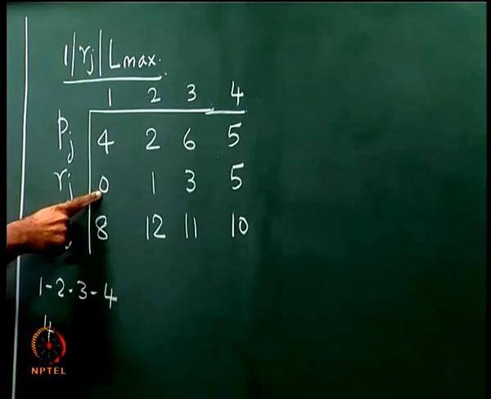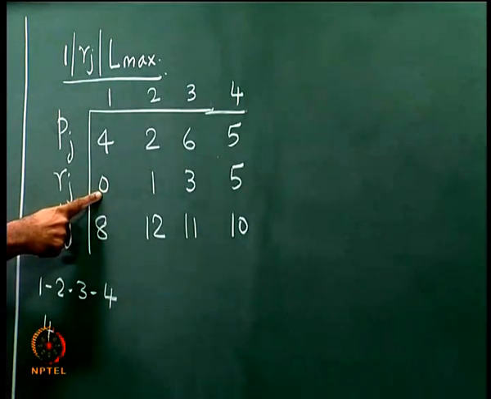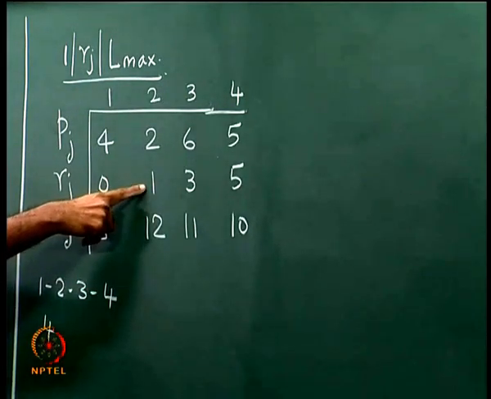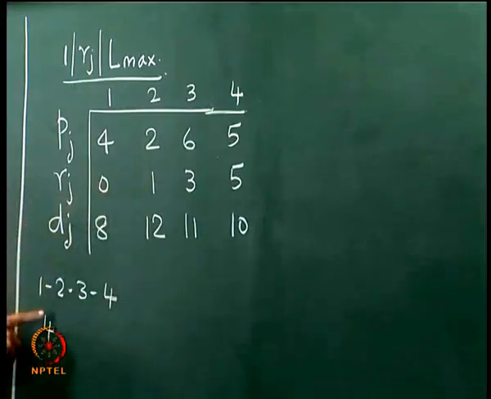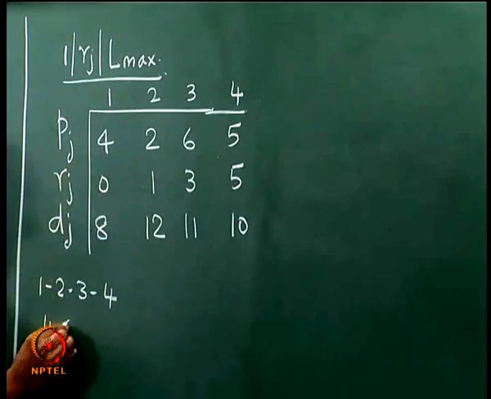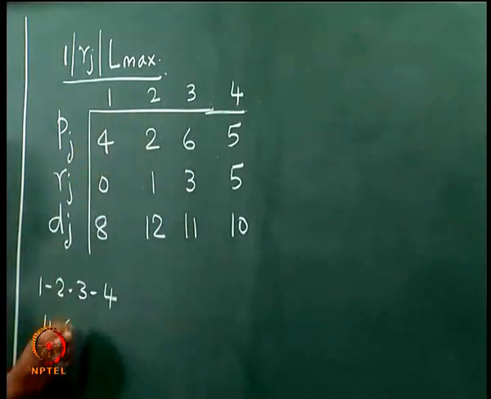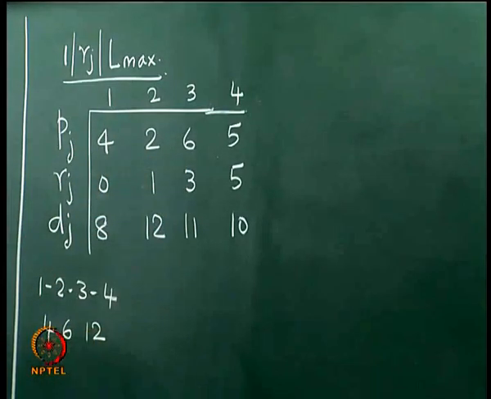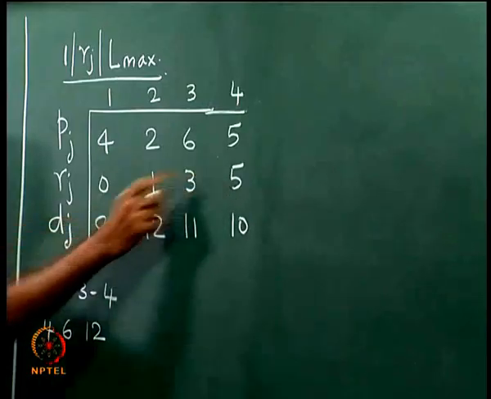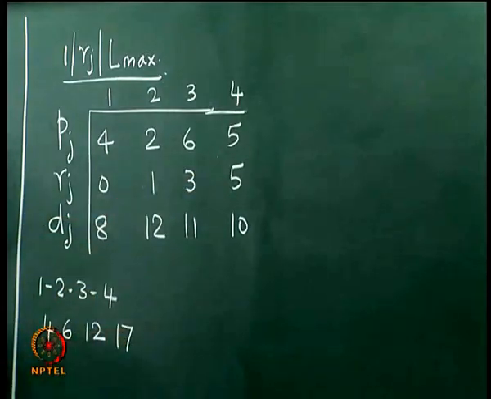The job can enter at time 0, so it can come out at 4, by which time job 2 is available. So, 4 plus 2 is 6, job 3 is available at 3, so 6 plus 6 is 12, and job 4 is available from 5, so 12 plus 5 is 17.